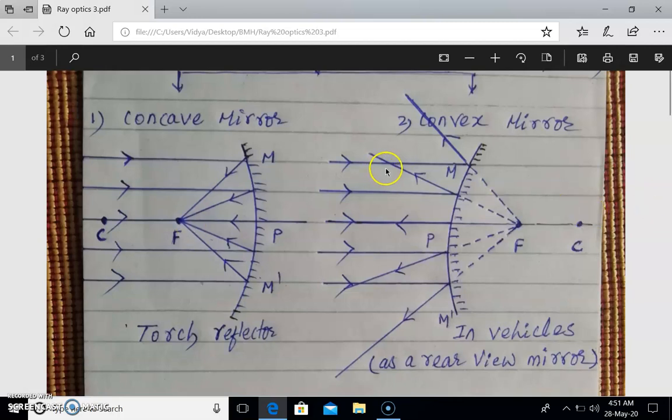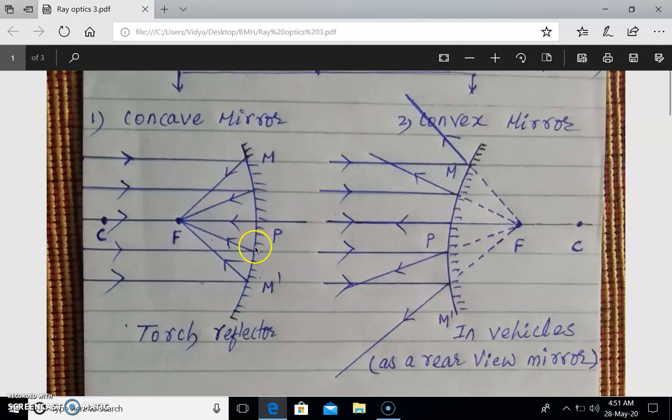Whereas in the case of a convex mirror, when a parallel beam of light is made to fall on it, after reflection all the light rays diverge, and they appear to diverge from a point on the principal axis called the virtual focus.